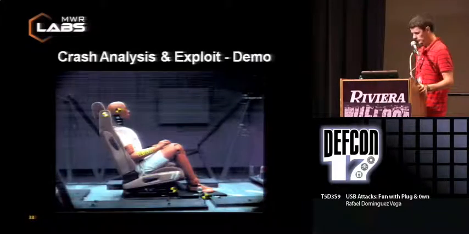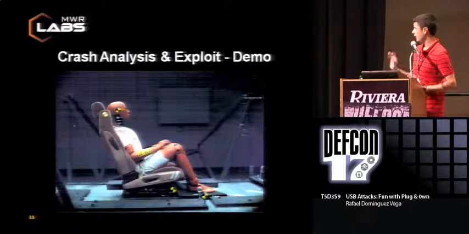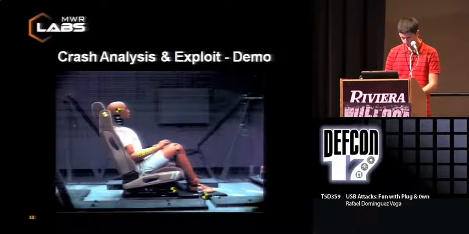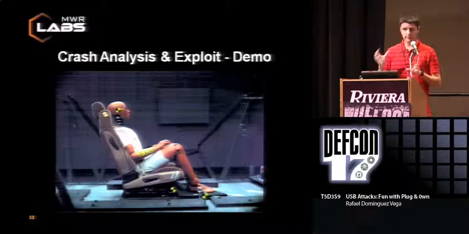So, let's do a little bit of the crash analysis and the exploit demo that I implemented with this device. What we're going to be seeing is the environment where I program the malicious Vegas Girl device.